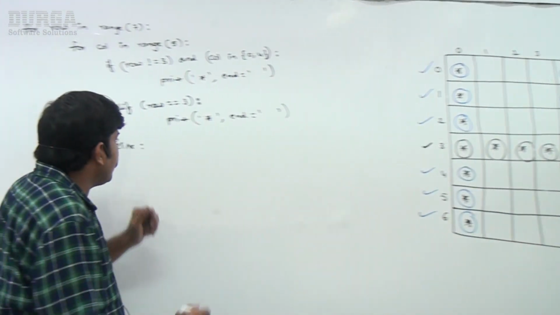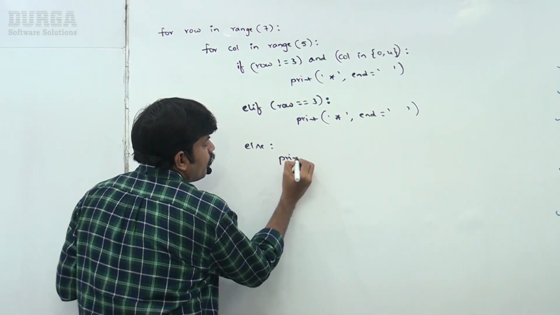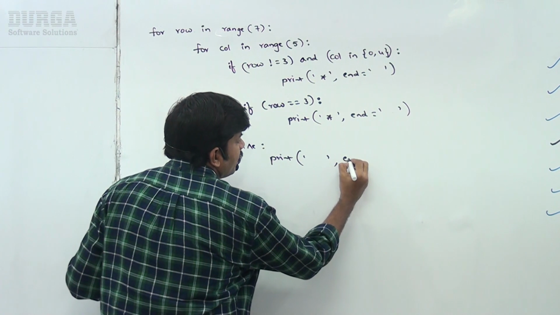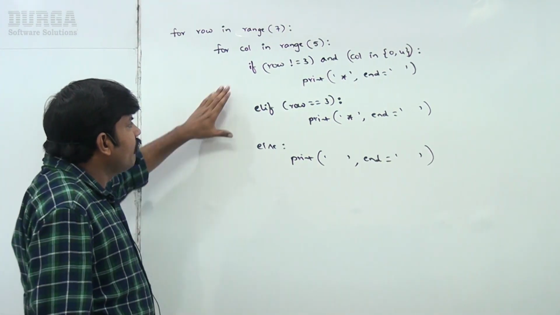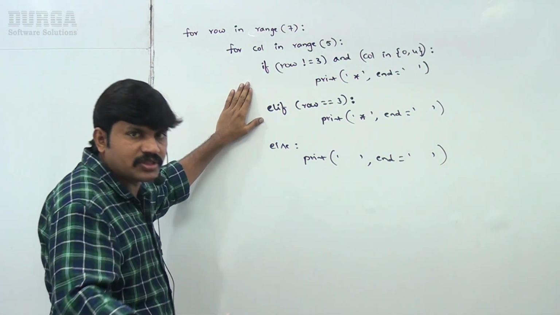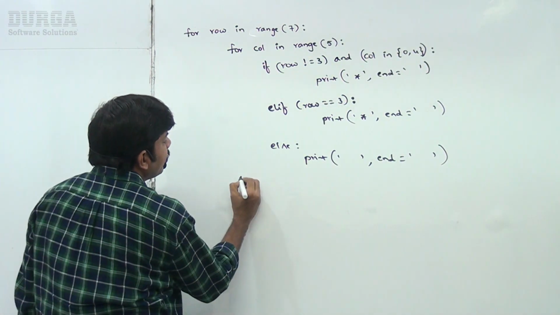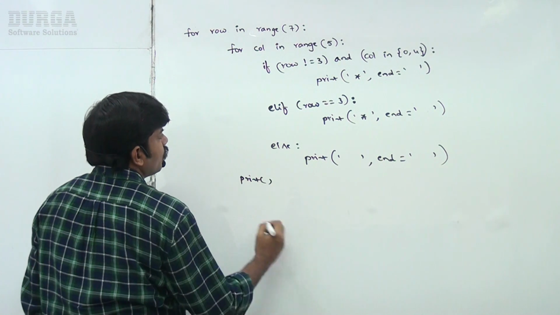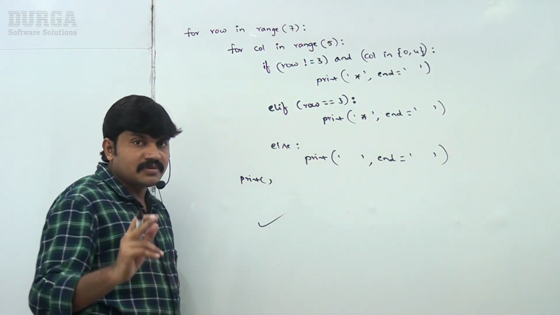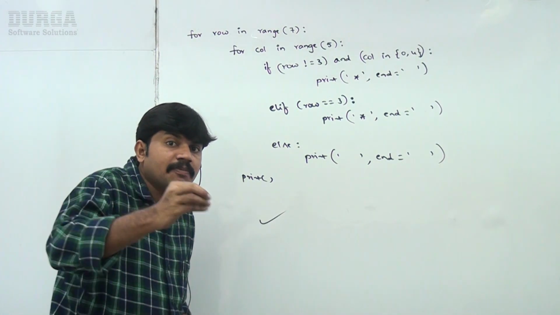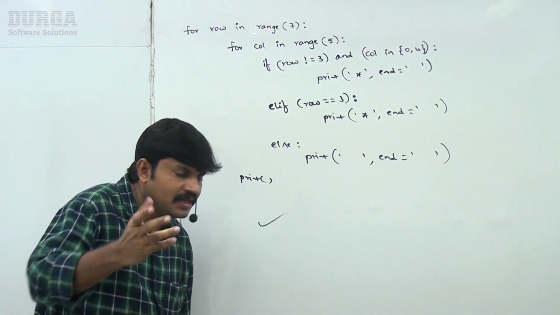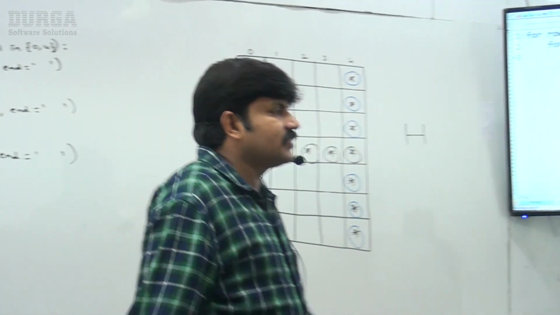That's why else print space with end is equal to space. Every next row should start on the next line, so let me add this. That's all. This is what you should be aware of to print the H pattern with star symbols.